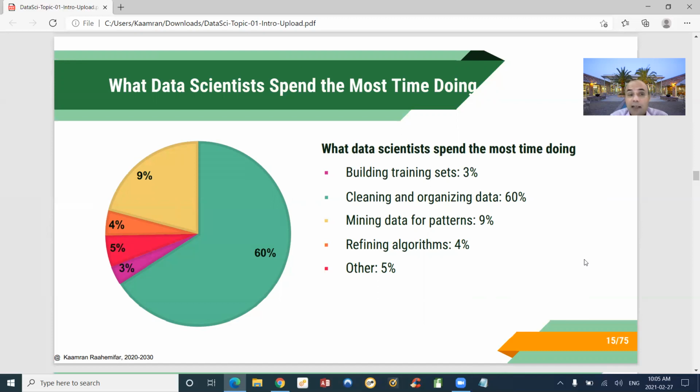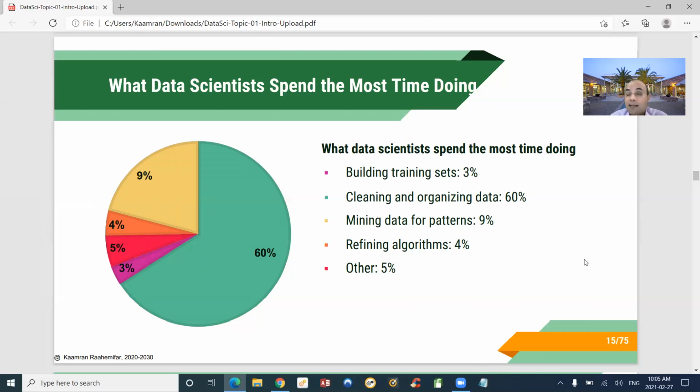We will talk about volume and velocity and everything else later. The attributes of data point us to a huge collection of data. Then the cleaning becomes even more significant.